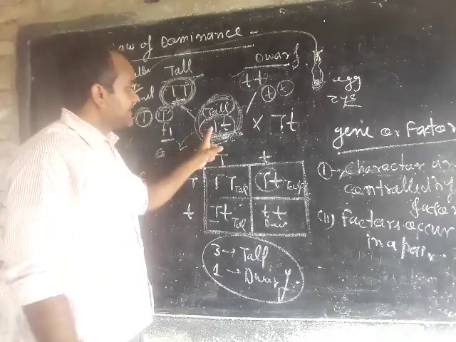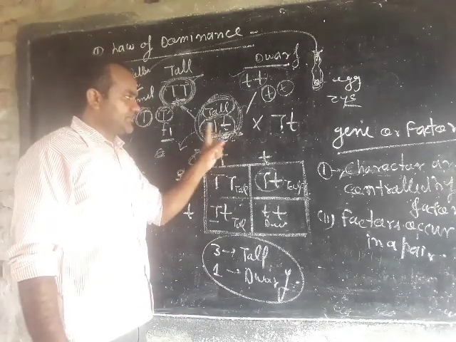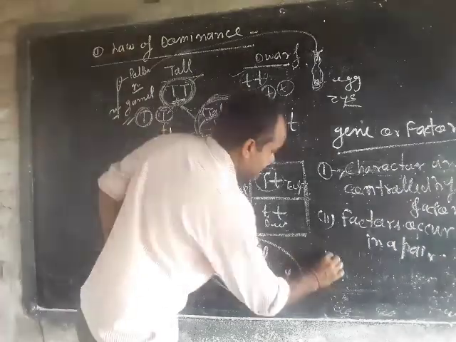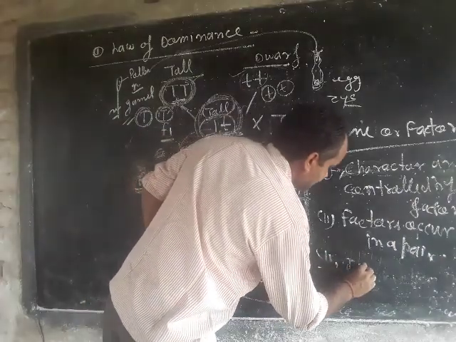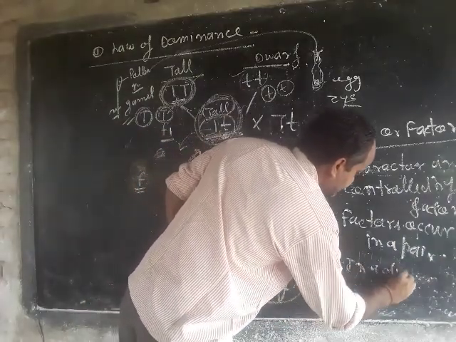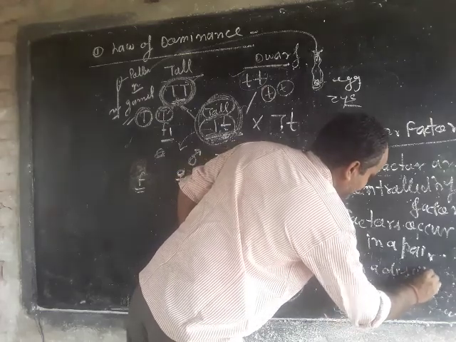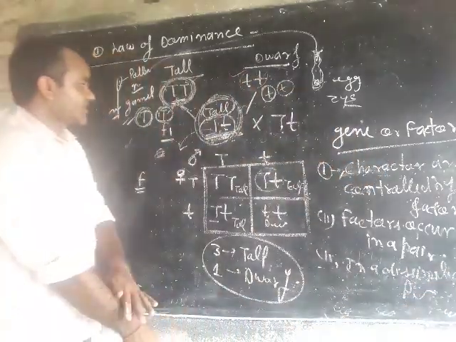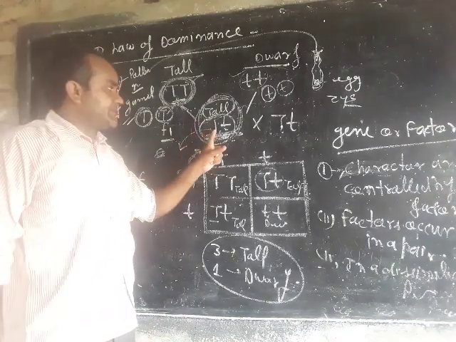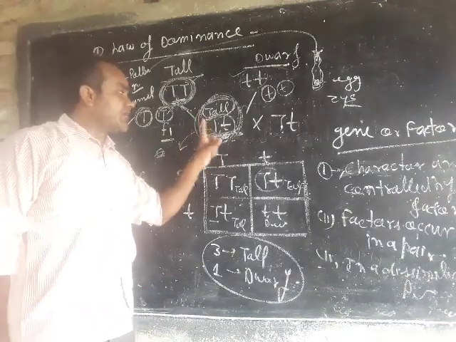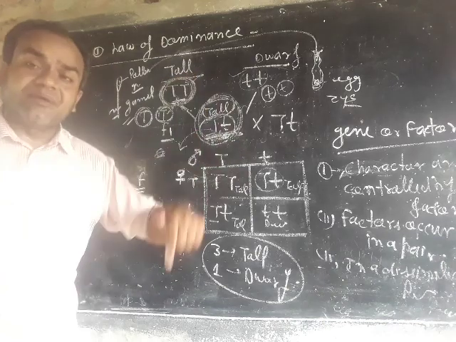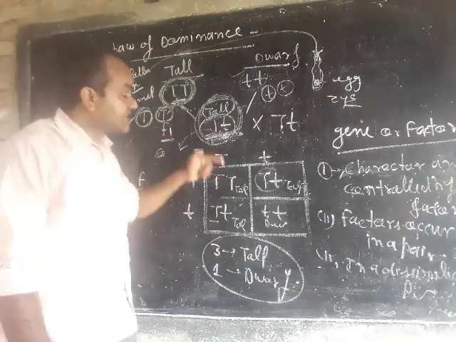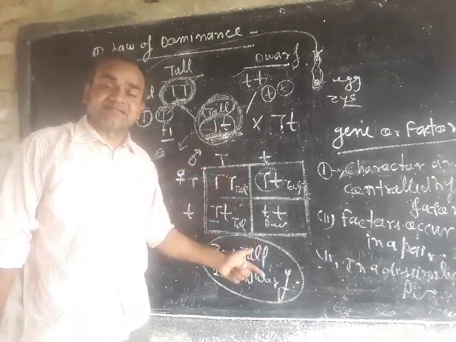Means in a dissimilar pair, one gamete, one allele or one factor is dominant, and the other factor is recessive.